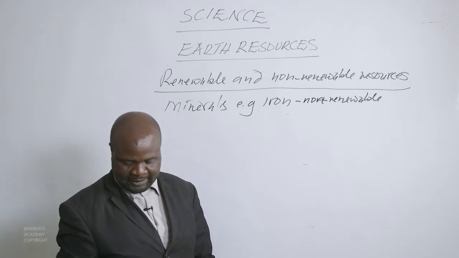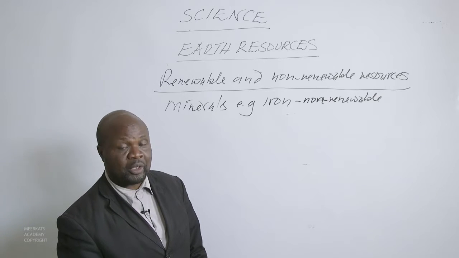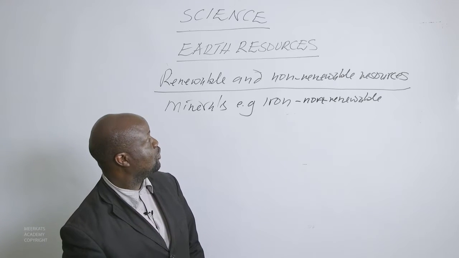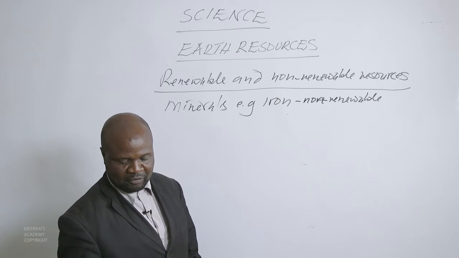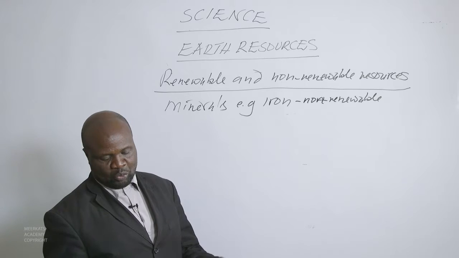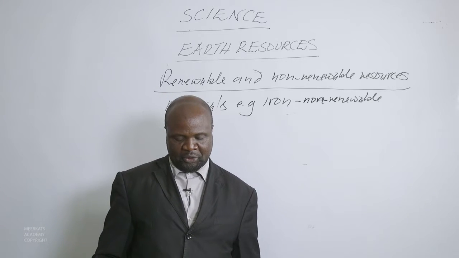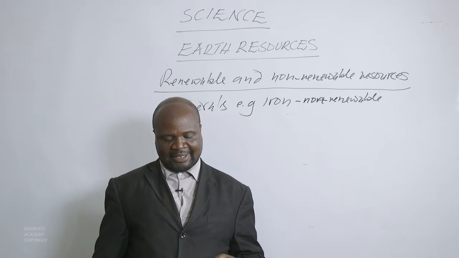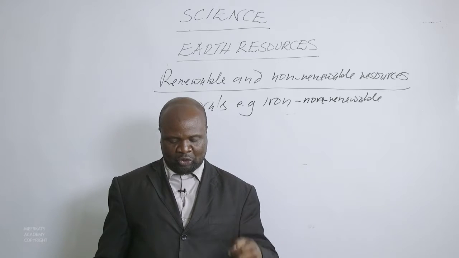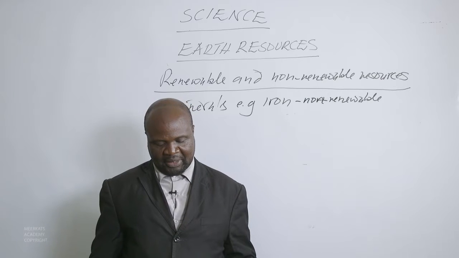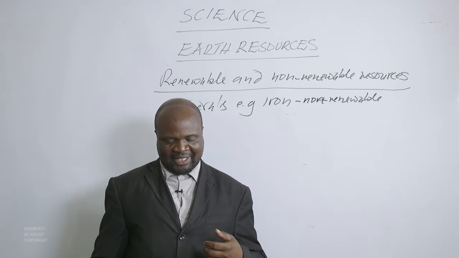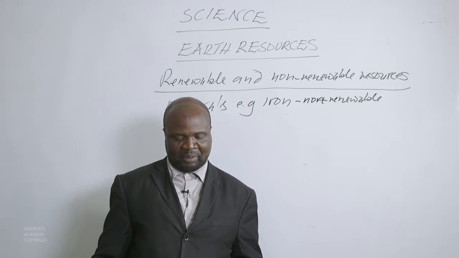Once it has been used, to replace it is difficult. When iron is mined, extracted somewhere, once it is used, it is very difficult to replace. So we are saying a renewable resource is one that is replaced by a natural process, at about the same rate at which it is being used.